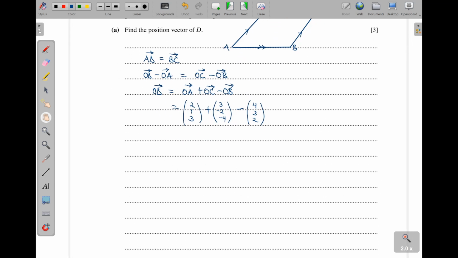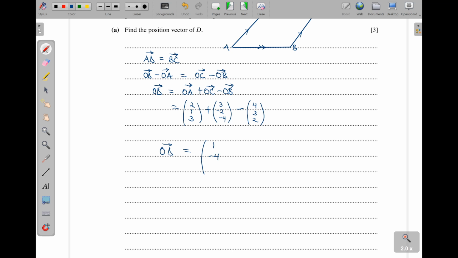So what is OD? OD is going to be 2 plus 3, that is 5, minus 4, we shall get a 1. Then 1 plus negative 2, that is a negative 1. Then 3 minus 3... that one will be a negative 4.